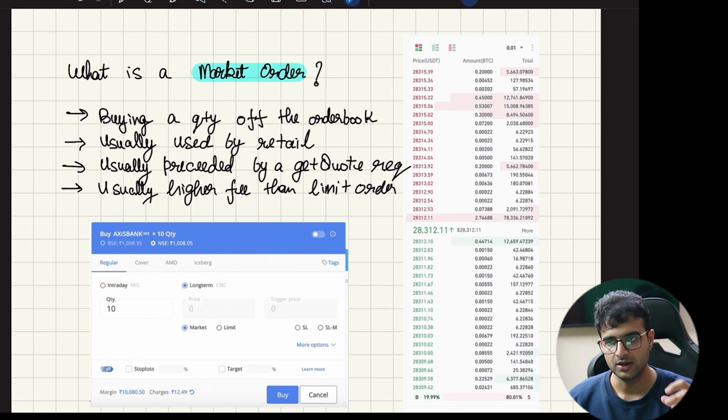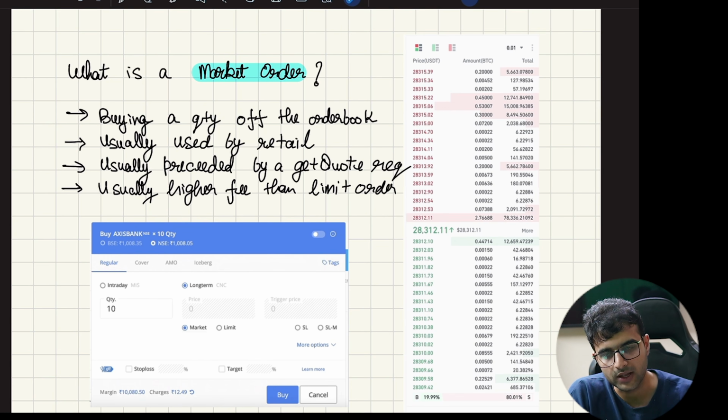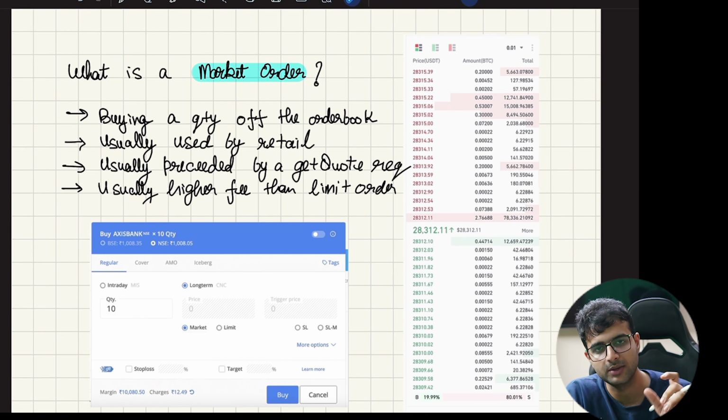This is how retail ends up eating the order book, and this is why the price that you'll see here will be much worse than the price that a trader sees. By price, I mean the fee that the exchange might end up taking.